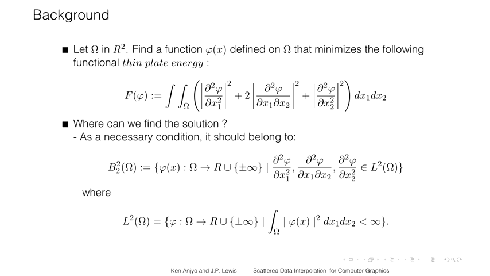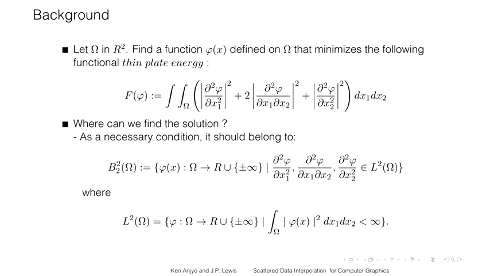To consider it, we first define the class of these functions. In this case, the value of the energy should be finite, of course. So we need to add some conditions on phi, as shown in the second equation. Phi should be square integrable for second derivatives.